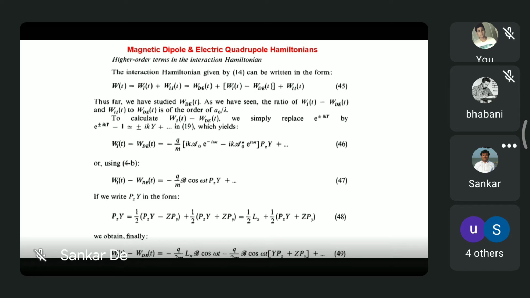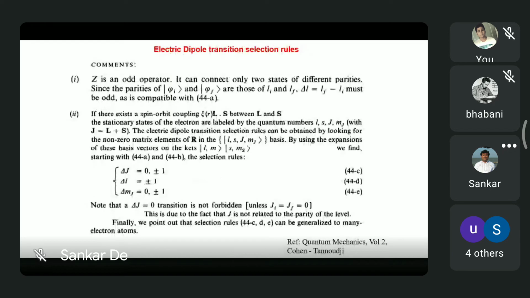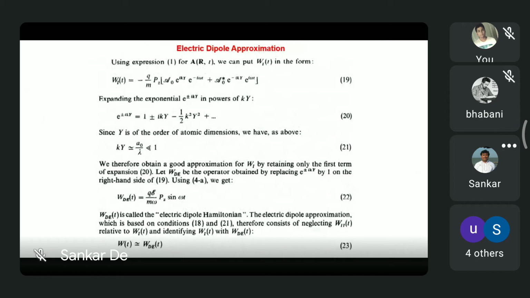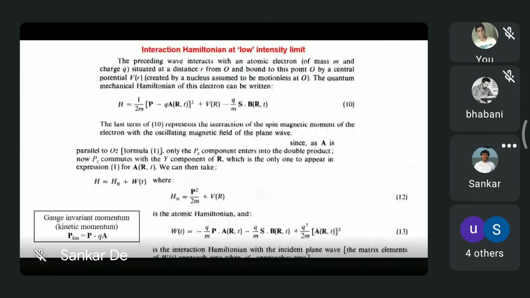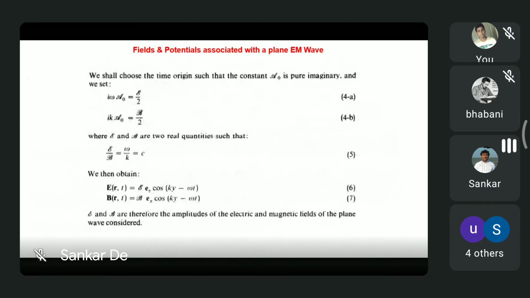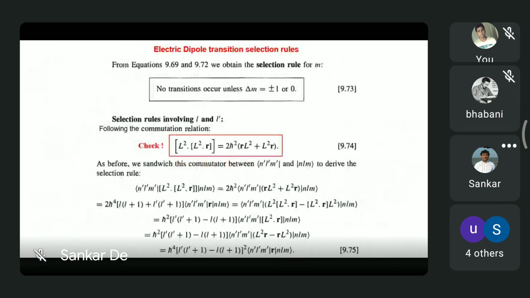So this y is there, and p_z y. This we actually found from equation 19, from the expression of the vector potential, this W1 form from equation 19.